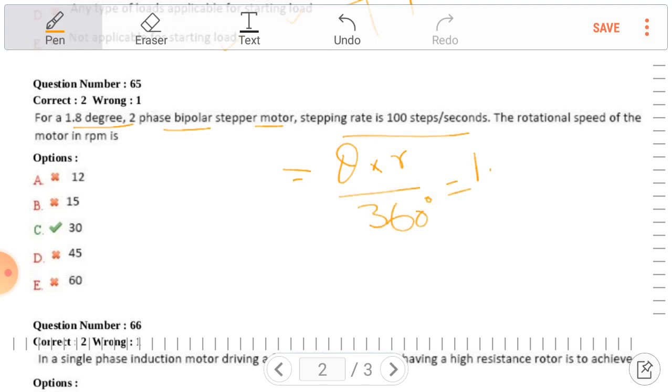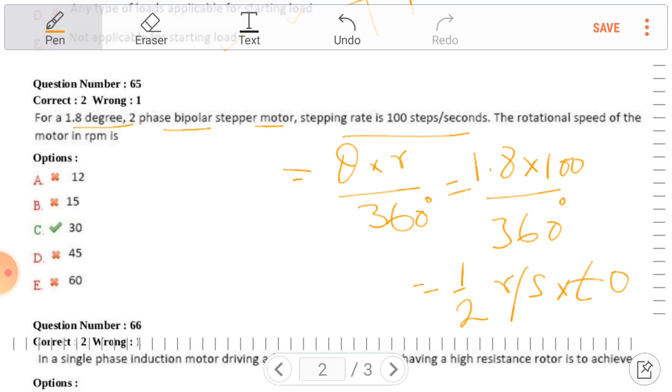It is 1.8 into 100, stepping rate given is 100 steps per second, divided by 360. So it is equal to 1 by 2 rotation per second. So we get half rotation per second in a stepping motor when stepping rate is 100 steps per second and stepping angle is 1.8 degree. He is asking in rotations per minute, so we multiply by 60 here. So the answer is 30 rotations per minute.